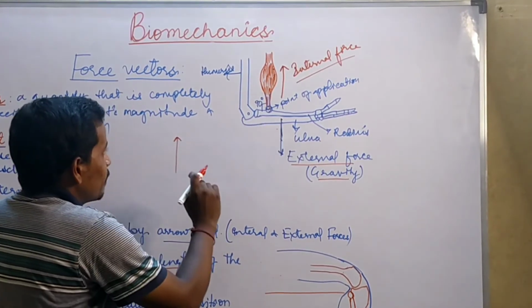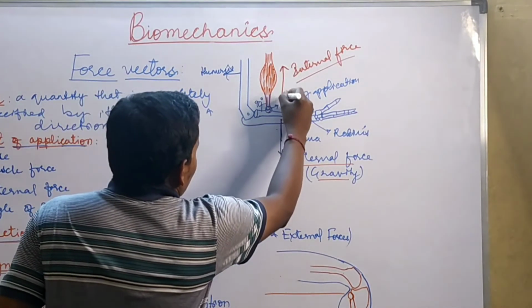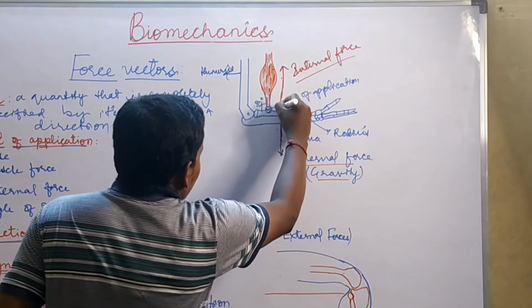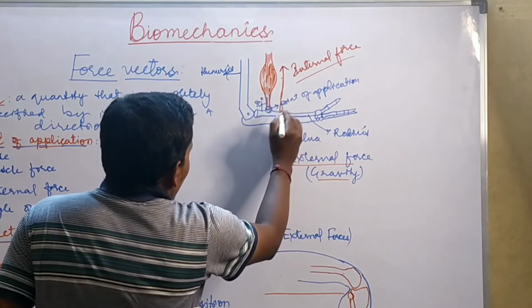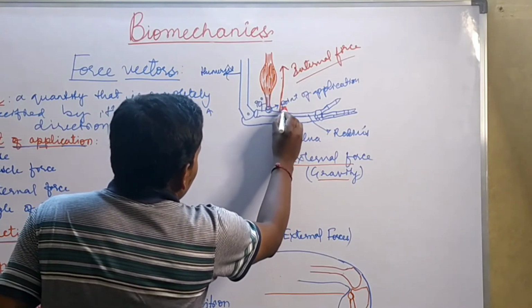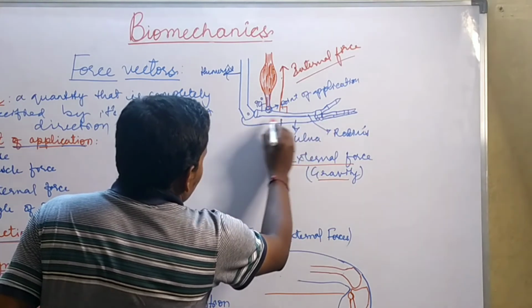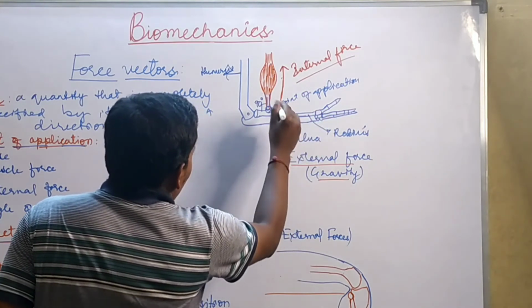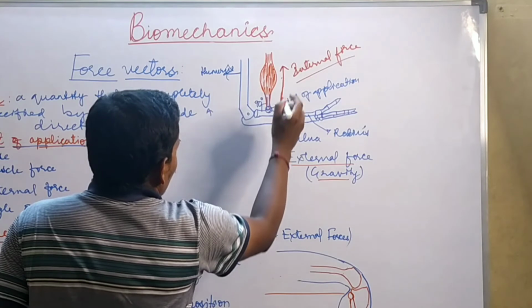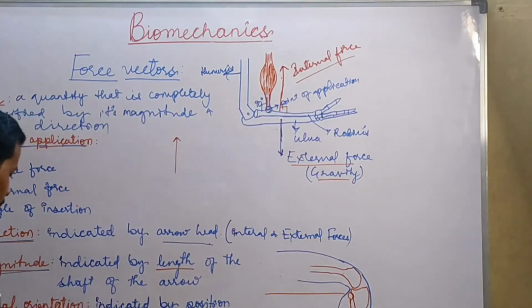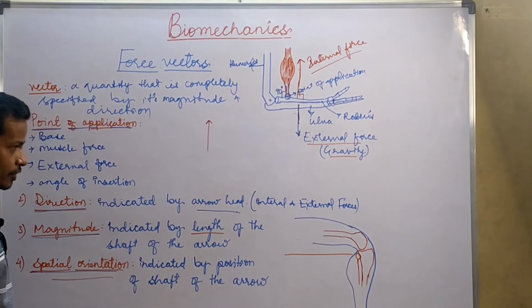For example, if this is the shaft, the angle formed between the spatial coordinate system and the shaft of the force vector can also be represented as the spatial orientation.